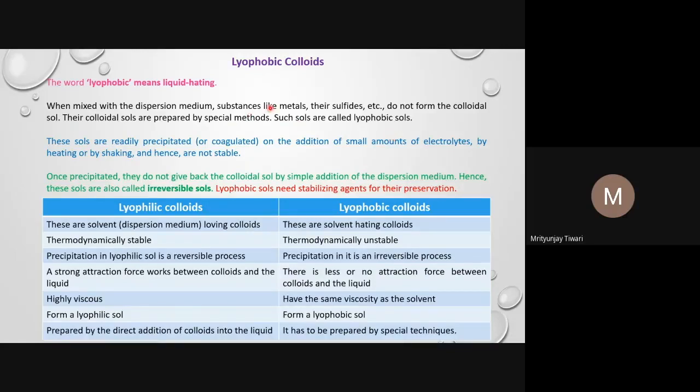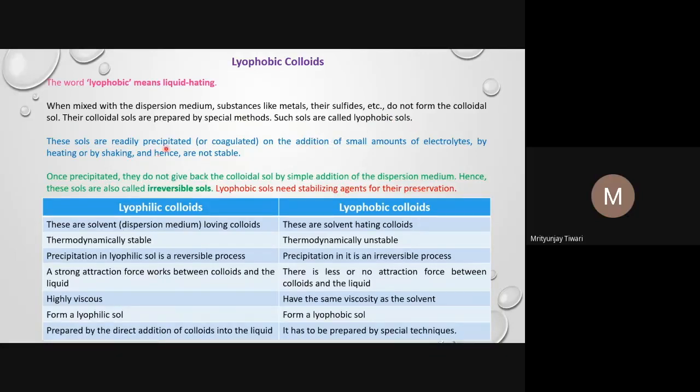We call such sols lyophobic sols or lyophobic colloids. We can make such a colloidal system using a special method, and a colloid that requires a special method to form is called a lyophobic colloid.